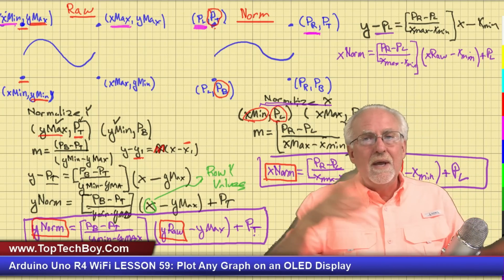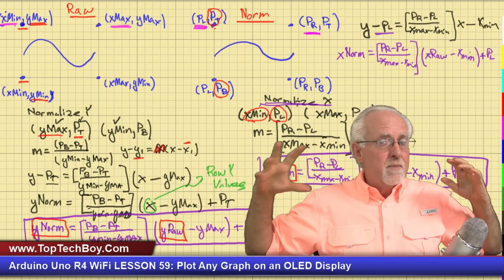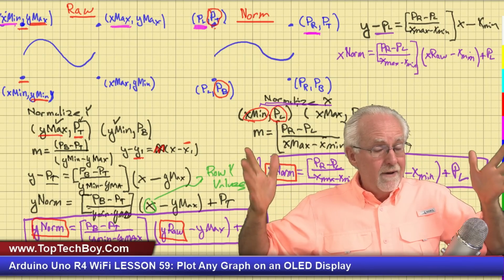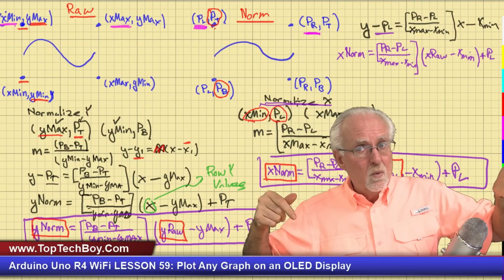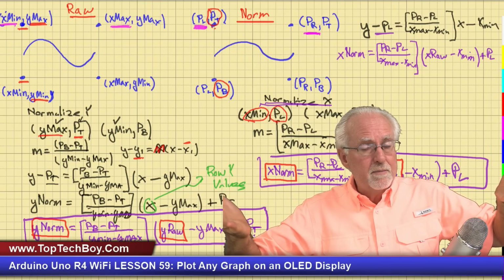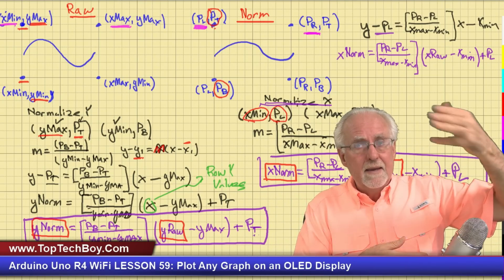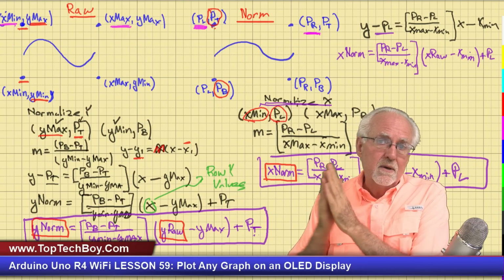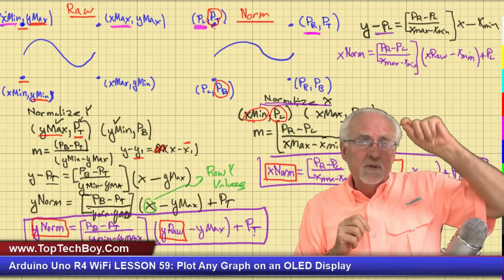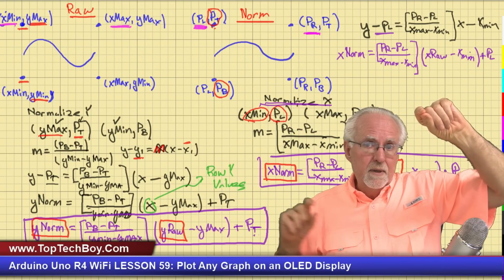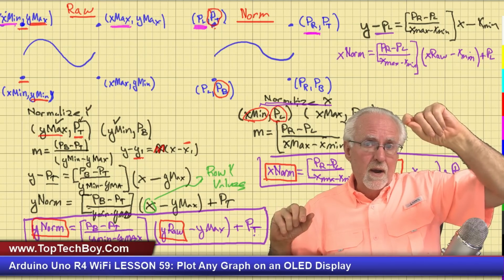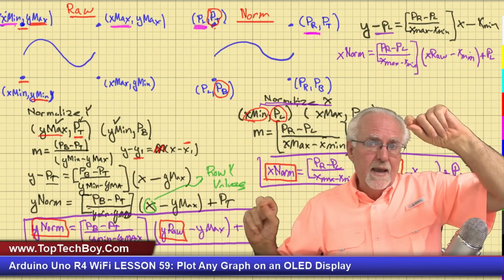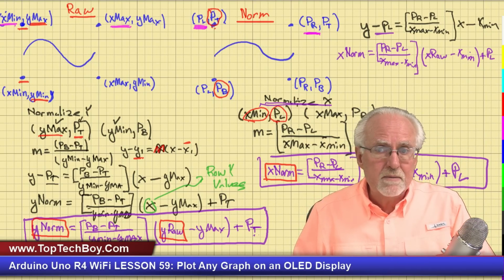So this means when I have data from a sensor, from a function, from a calculation, all I've got to do is look at my data and say, what's the minimum X and the maximum X? What is the minimum Y and the maximum Y? Then I look at my OLED: what is the starting row and column, the minimum pixel X, the minimum pixel Y, and the maximum pixel X and maximum pixel Y?